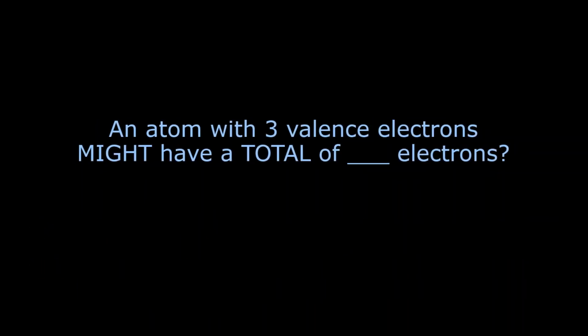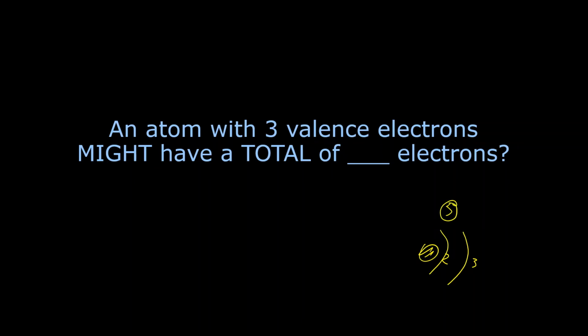An atom with 3 valence electrons might have a total of how many? Ooh, this one's tricky too. It could be an instance where it has 2 in the first and 3 there, and that's definitely 3 valence electrons with 5, so 5 would work.